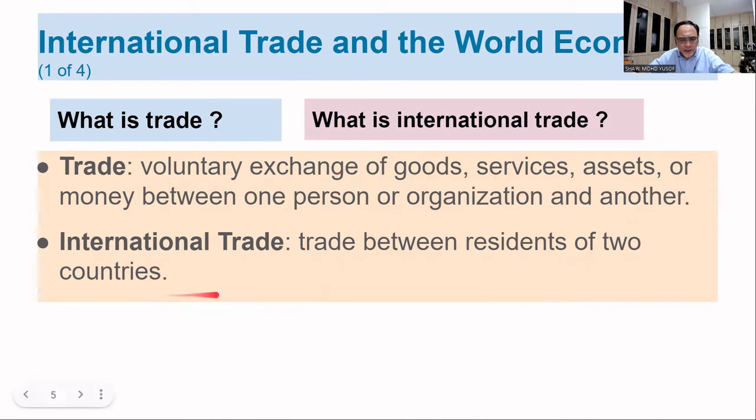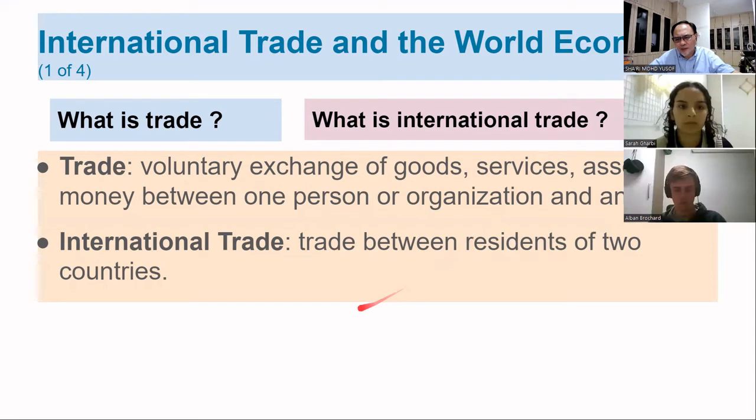When we say residents, who can be residents? How do we define residents? Residents of two countries can be individuals, right? Can be companies.